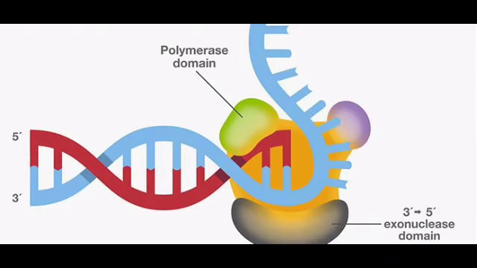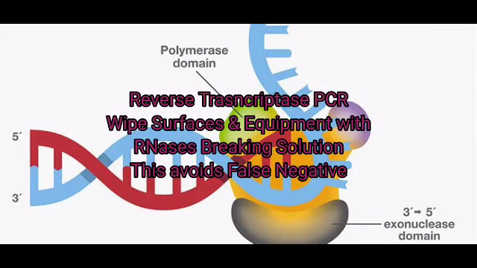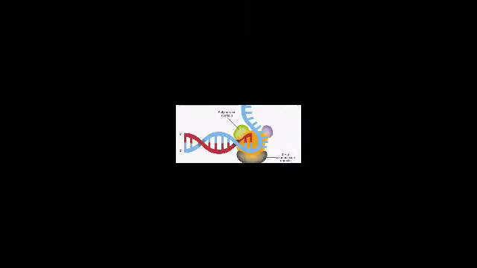If performing reverse transcription PCR, it may also be helpful to wipe down surfaces and equipment with a solution that breaks down RNases on contact. This may help to avoid false negative results from enzyme degradation of RNA.